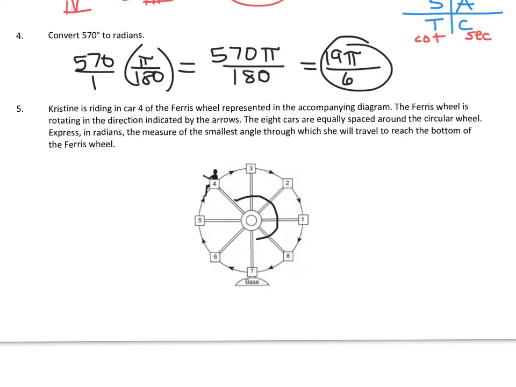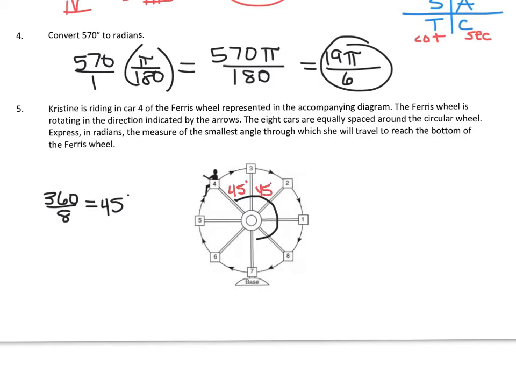Well, we know that a circle is 360 degrees, right? And if there's 8 cars and they're equally spaced apart, then let's do 360 divided by 8, which is 45. And what that means is that between car 4 and 3 is a 45-degree angle.